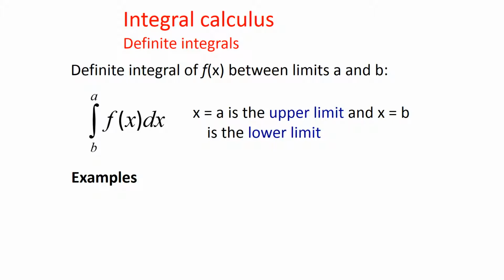What you actually do is relatively straightforward. You just do the integration, then you plug in the 2 numbers into the equation, and you subtract the first number from the second number. So we'll just go through an example of that.